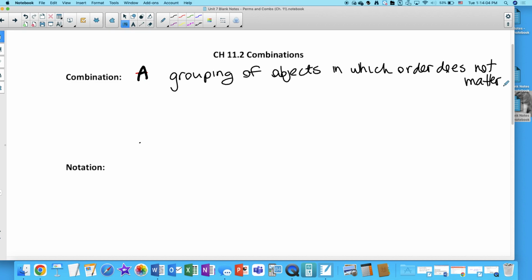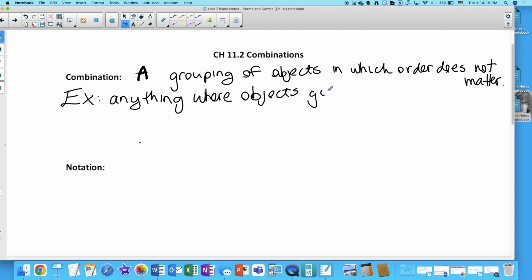Okay. Now, some examples of where you see this is anything where objects go into the same container. Right?